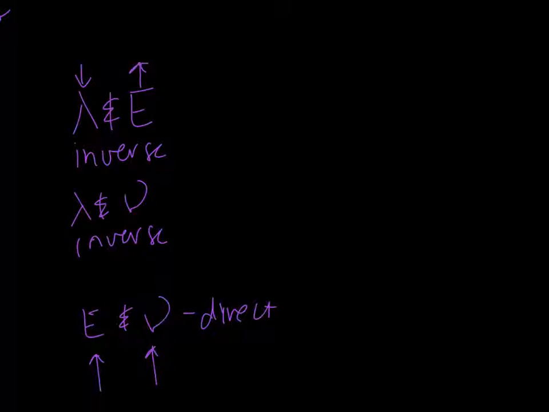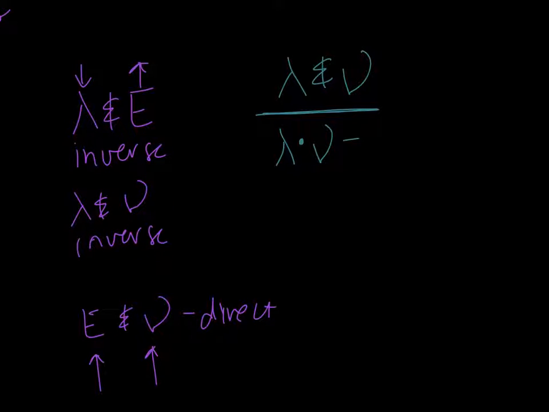So we have wavelength and frequency. And the equation that we use for those two is wavelength times the frequency is equal to the speed of light, c. And so this is the speed of light.